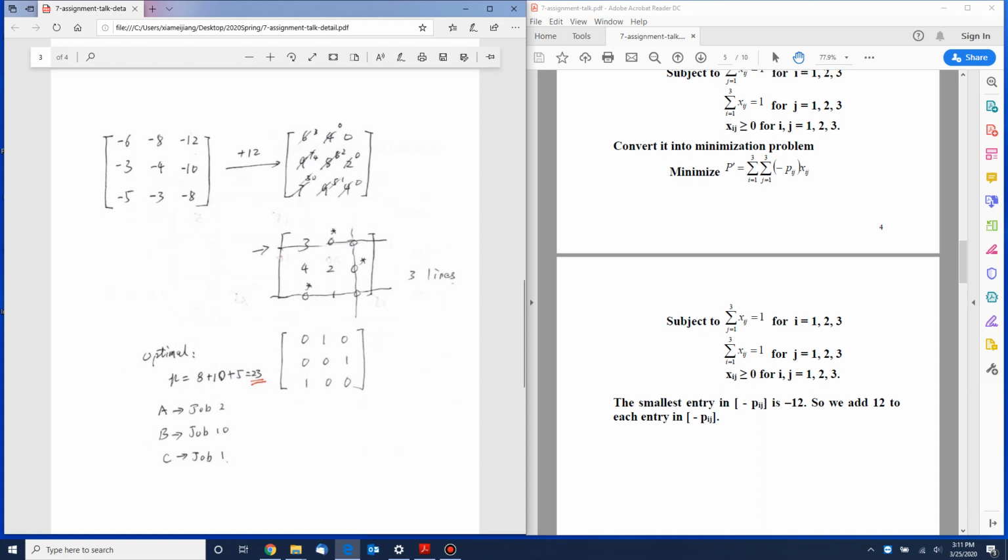In this way, we have to use 3 lines to cover the zeros. So we are reaching optimal solutions. Then we just mark a star on the zeros so that each row and each column has 1 star only.